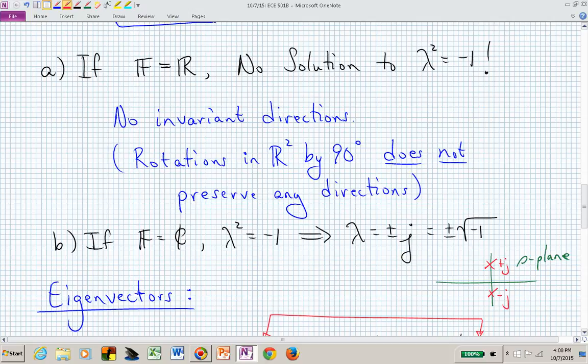They're on the imaginary axis, where this is the real component, and this direction is the imaginary component if S were the set of complex numbers. And now lambda is a complex number. It's plus j and minus j.